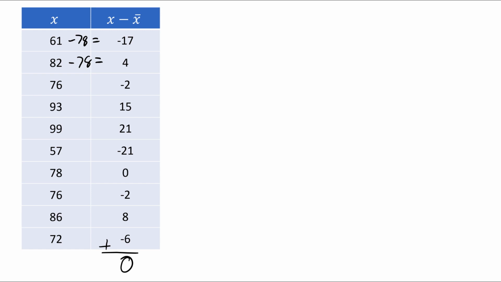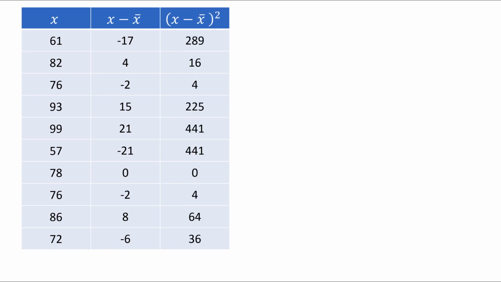What we're going to do may seem a little weird, but to get around the fact that when we add these up we get 0, we're going to square all these values, and then find the average, because the squared values will all be positive. I realize that seems a little weird, but that's what we're going to do. All right, so let's square all those values. We'll write those in another column, x minus the mean squared.